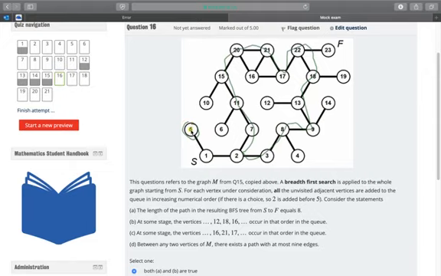So even if we wanted to get from 5 to, say, 14, we would only need 9 edges, because 2 to get to the cycle, at most 6, in fact fewer, to get round there, and then 1 more. So 6 plus 3 is 9. So D is actually a true statement.